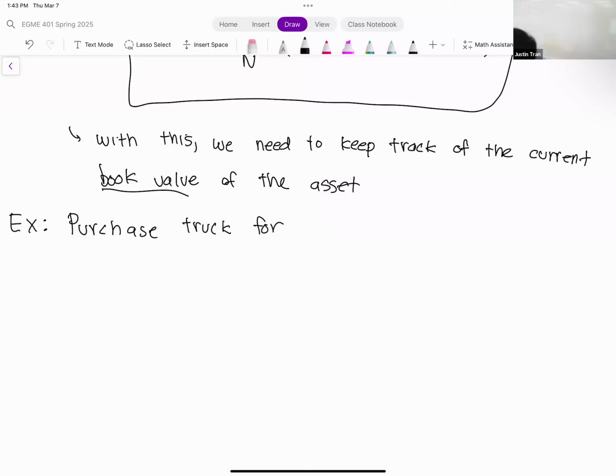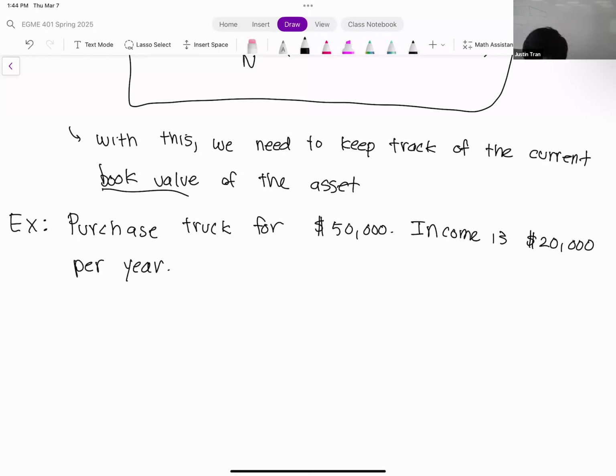We're going to purchase our truck for $50,000. We have a before tax revenue of $20,000 per year, so our income is $20,000 per year.